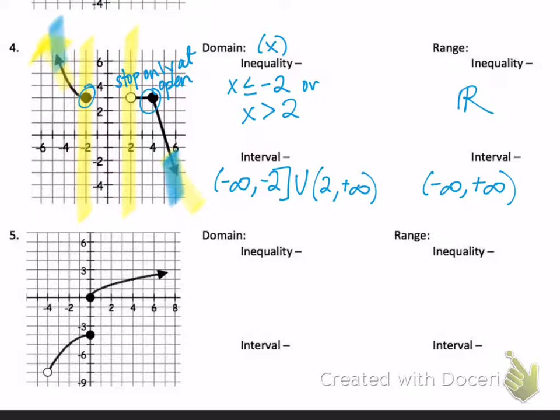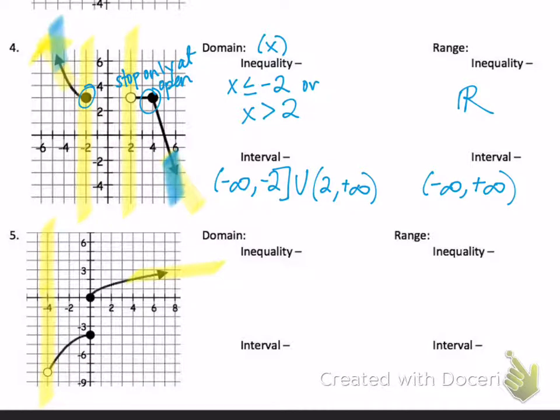Okay, so let's look at this. For domain, I start here. Then at 0, do I stop? No, because I only stop at open circles. I only stop at open circles, so I do not stop at 0, and then I keep going forever.